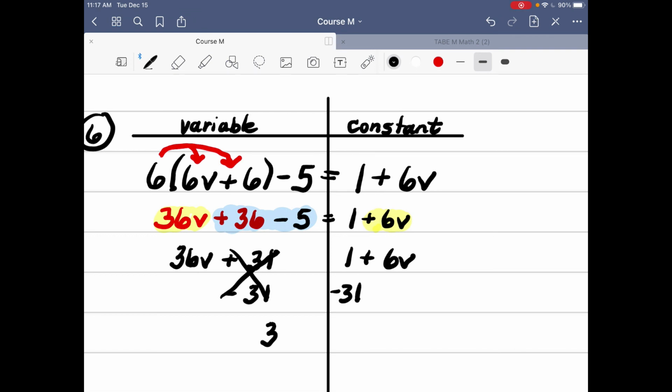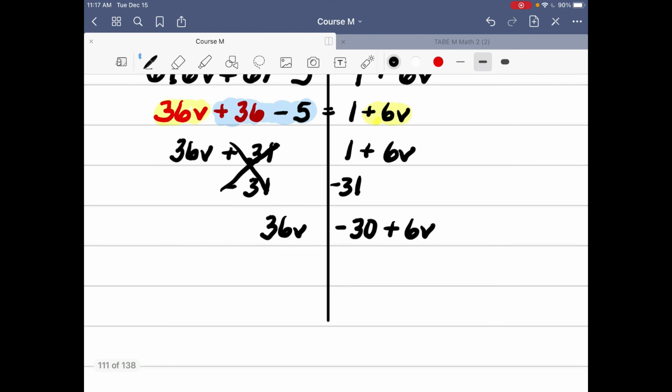Cancel. 36v. Negative 31 plus 1 is negative 30. And then plus 6v. Then I'm going to move, let me do this.